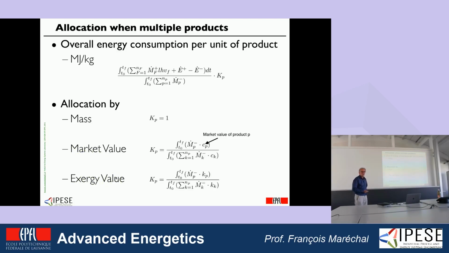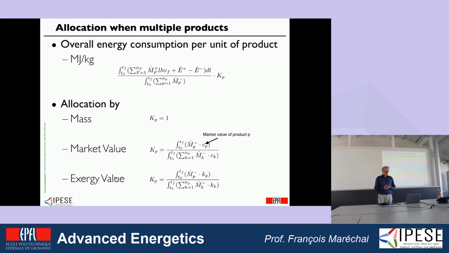So in this case, what you take as an importance in the product is measured either by a cost on the market or a thermodynamic value of the products that are produced. Okay, so it means that it's not always easy to do this allocation when you have more than one product.